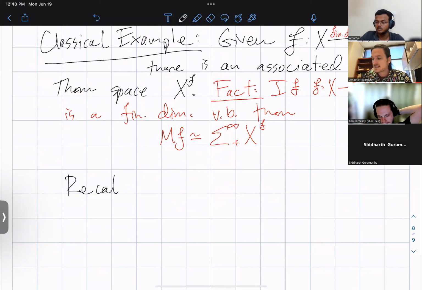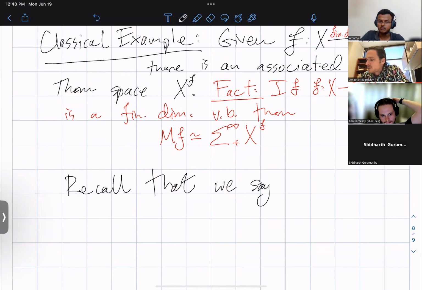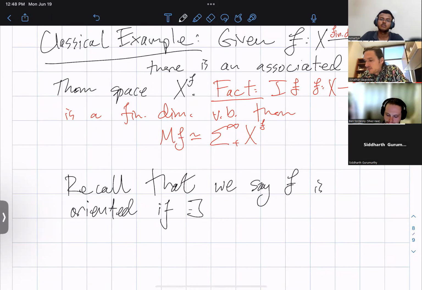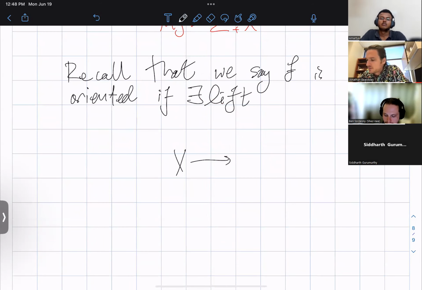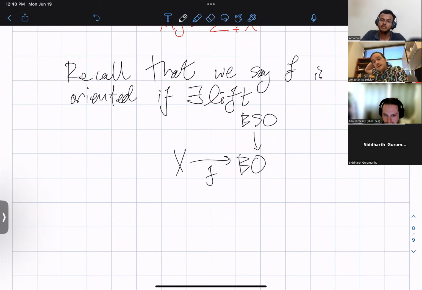Now let's ask that our vector bundle be oriented. So we say f is oriented if there exists a lift. You've got your f here, and then you can take the simply connected cover of BO, BSO, and you can ask for there to be some lift.